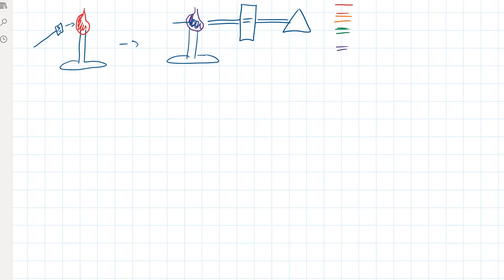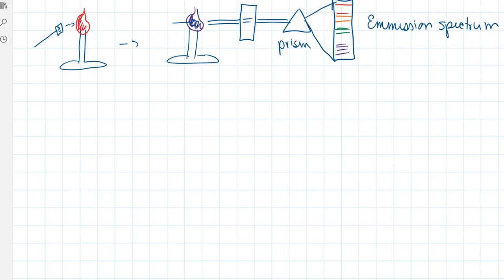And what's really interesting is that each atom or each element has its own unique emission spectrum, which is what we looked at here. We'd see our light separated into different colors once we passed it through that prism.